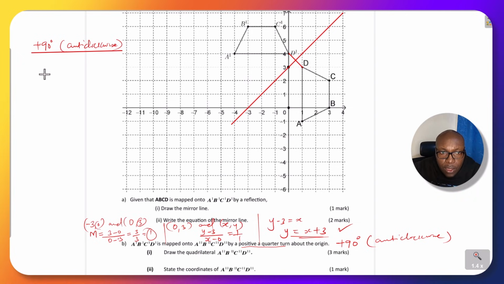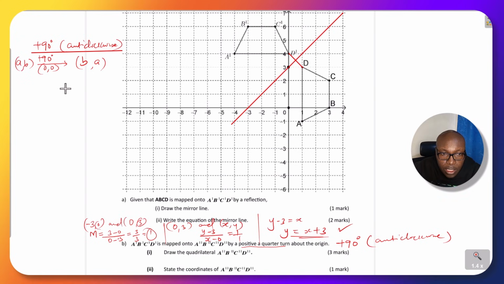If you're given a point, let's say A, B, and it undergoes rotation about the origin through positive 90 degrees, and the center is the origin, this is what happens to that coordinate. You actually swap the coordinates. When you swap these or interchange them, A, B will be B, A.